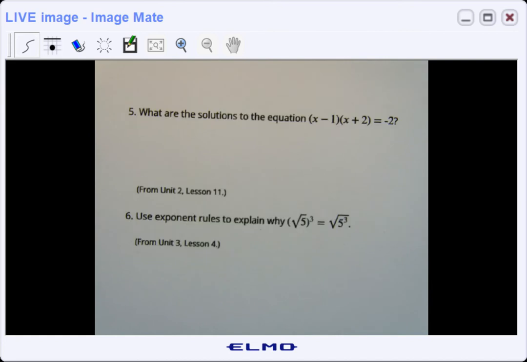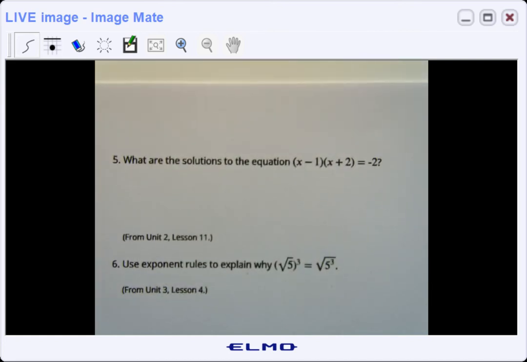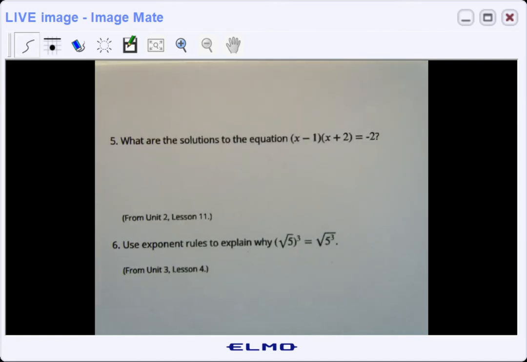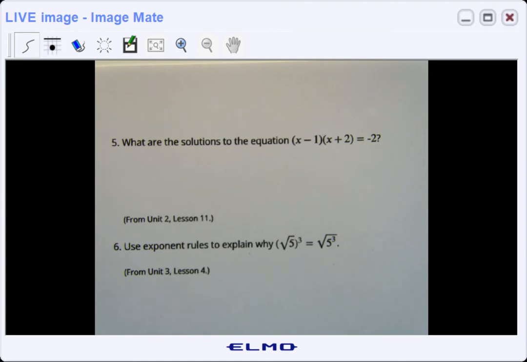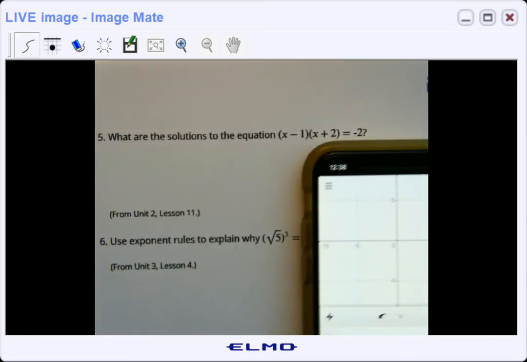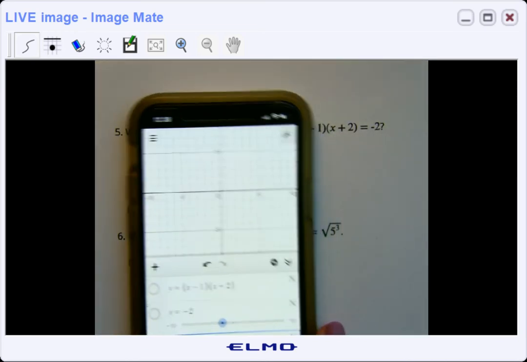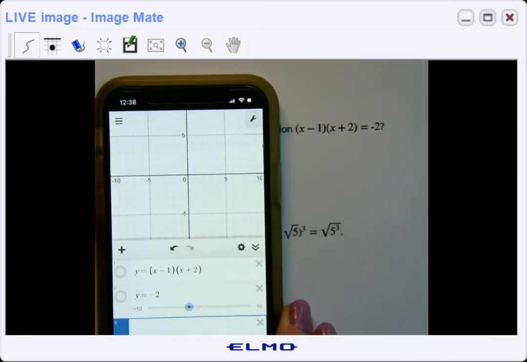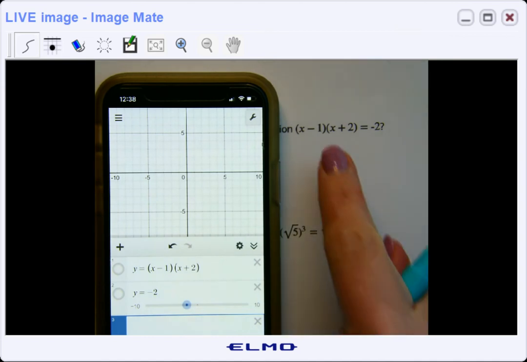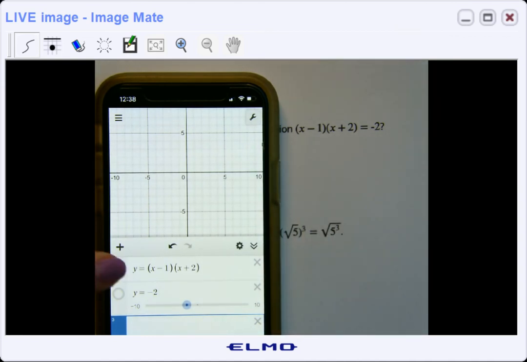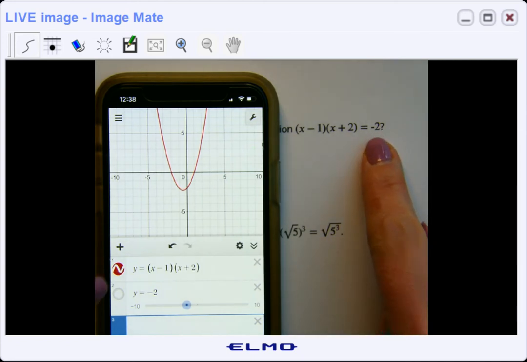Number 5. Number 5 is a review from Unit 2. And I thought the easiest way that I taught you to solve problems like this was to graph them. So I've got Desmos here on my calculator, on my phone. And I put the left side of the equation into the first row. It's a parabola. And then y equals negative 2 into the second row.